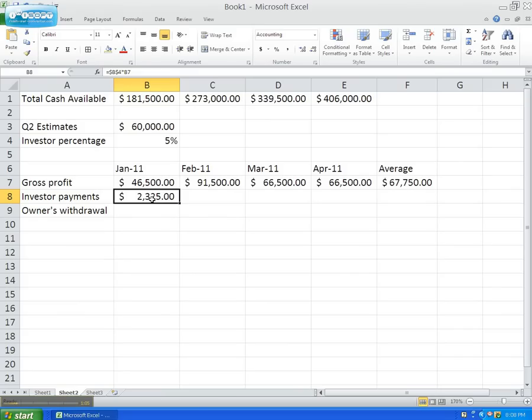If I were to copy this over, my relative reference is going to adjust. So basically what I said there was, when I copy it over, any of the columns that are relative references, the B here, is going to be incremented by 1 because I copied it one cell to the right.